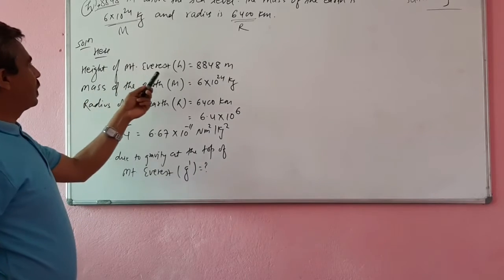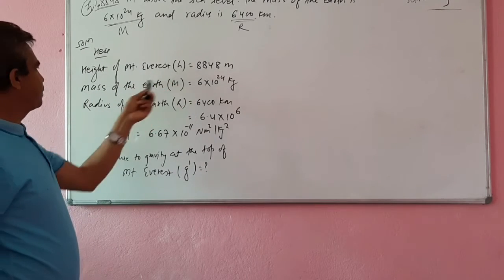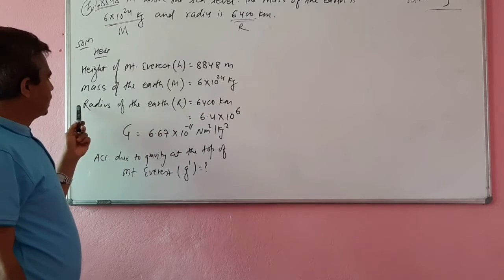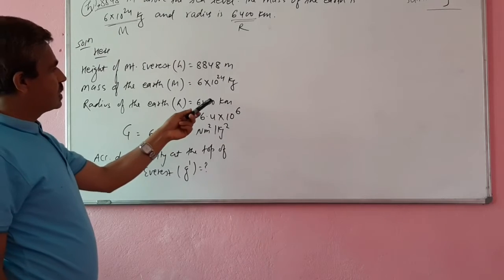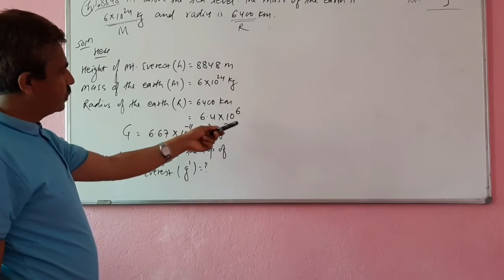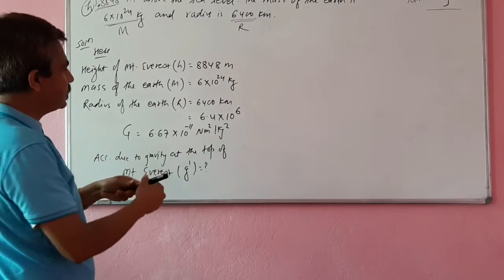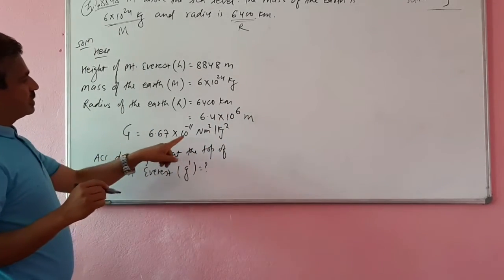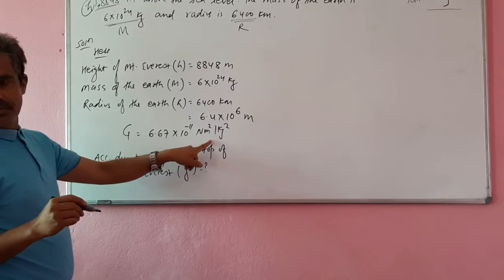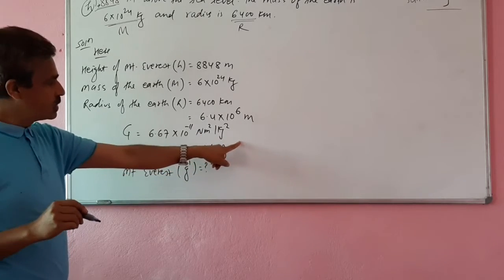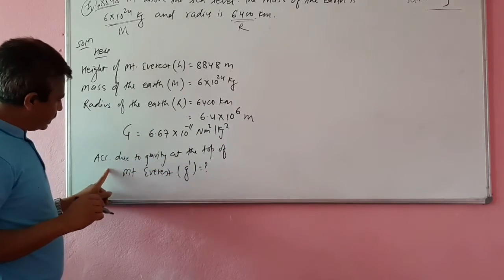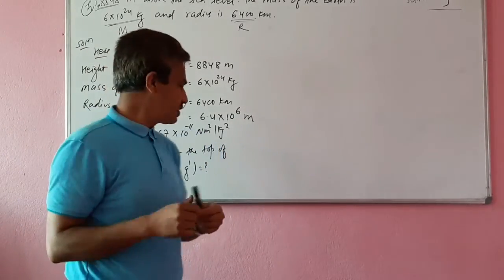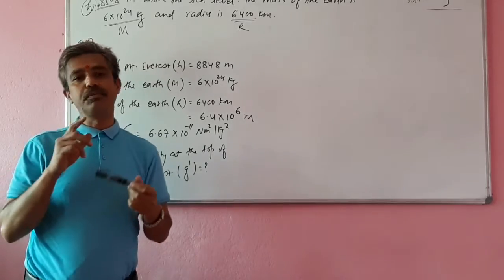So height of Mount Everest 8848 meter, mass of the earth 6 times 10 to the power 24 kg, radius of the earth 6400 kilometer, means 6.4 times 10 to the power 6 meter. Capital G is 6.67 times 10 to the power minus 11 Newton meter square per kg square. It is constant, okay? What to calculate here? Acceleration due to gravity at the top of Mount Everest. So that is g prime, okay?